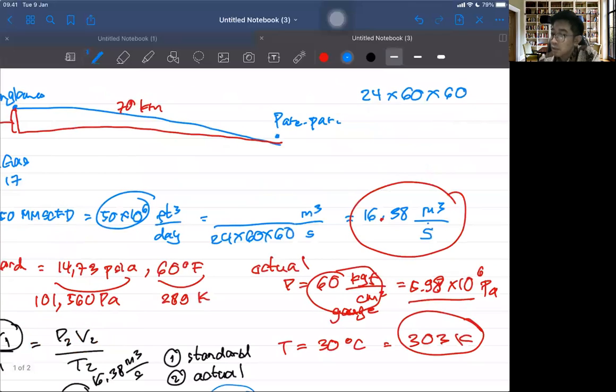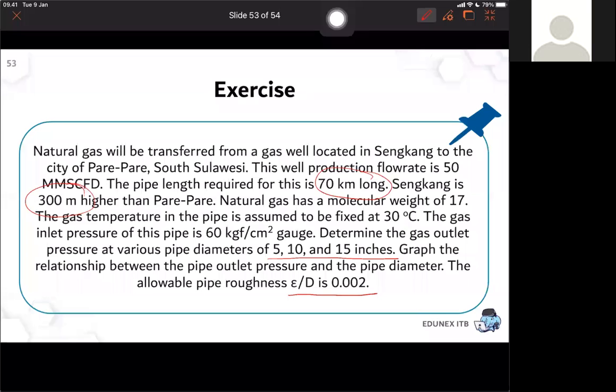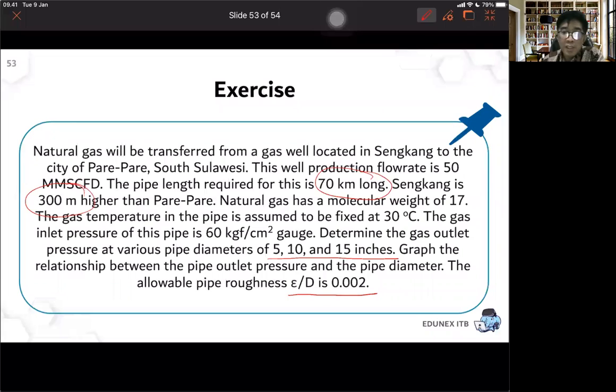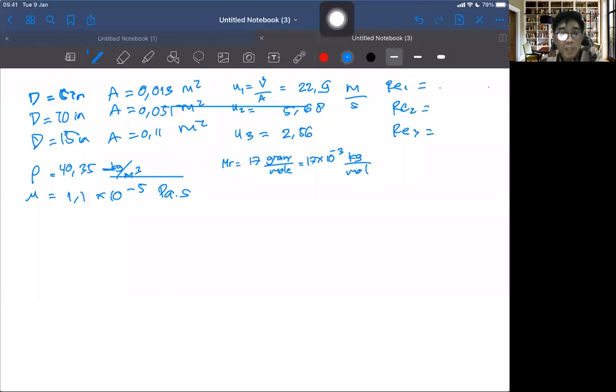You don't have to use the equivalent diameter because it's gas, right, sir? Yes, you don't need it, because the gas always fills the pipe. Don't forget to change the diameter value into meters, not inches, and then use this equation to calculate the Reynolds number.